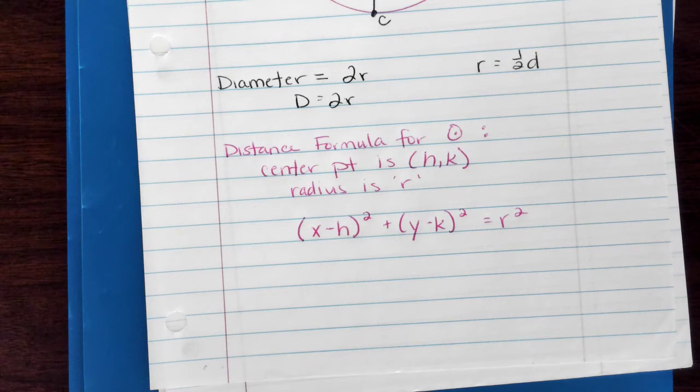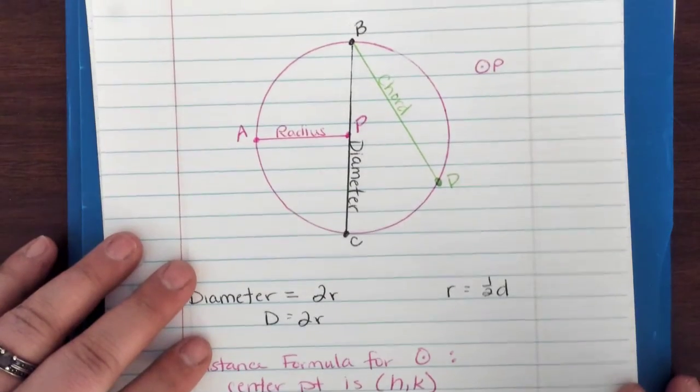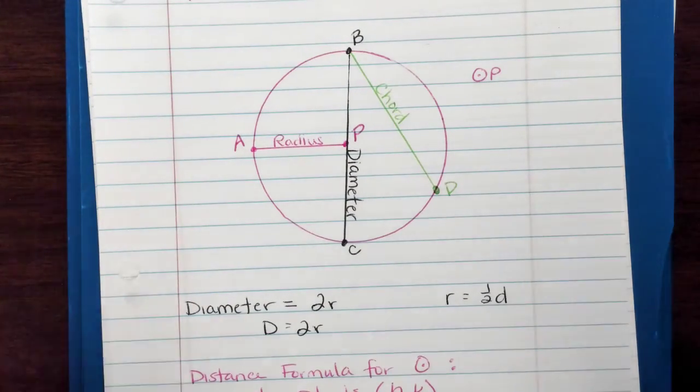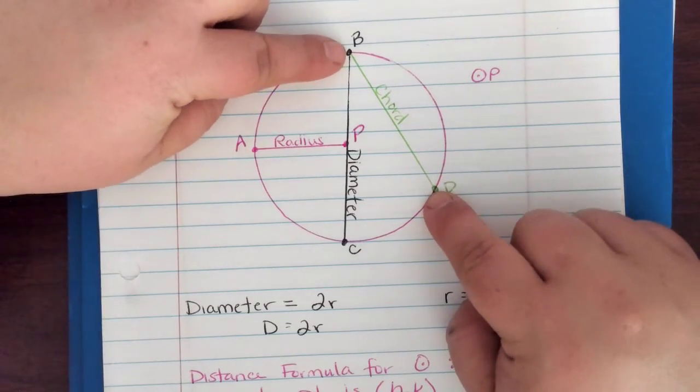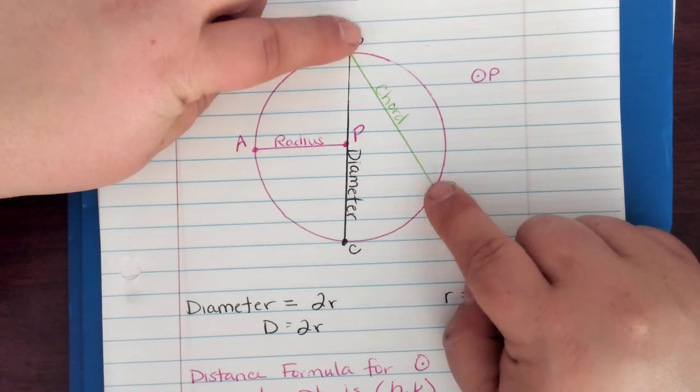Okay, a couple of the things about circles that I want to make sure that we go over. We have our radius, diameter, and chord. A chord, like I said, is a segment that has its endpoints on the circle.